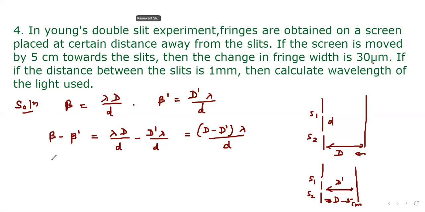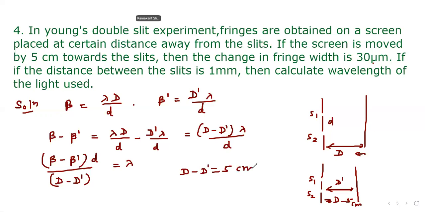So we can write it like beta minus beta dash times small d upon capital D minus D dash will be equal to lambda. Now we are given capital D minus D dash is 5 centimeters, which can be written as 5 into 10 power minus 2 meter.